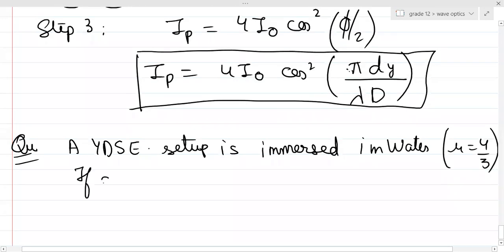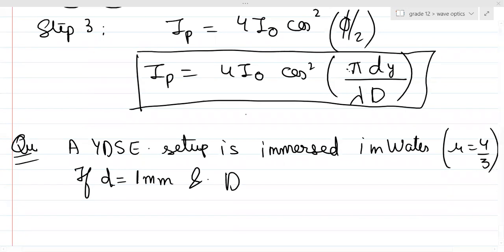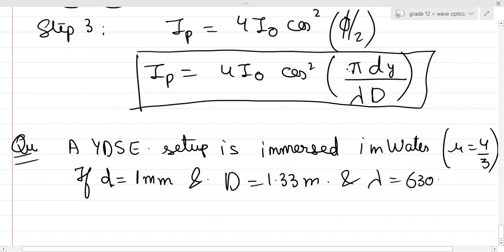The slit separation is 1 millimeter, and the distance between the slits and the screen is 1.33 meters. Incident light on the slits has a wavelength of 6300 angstrom. Find the fringe width on the screen.